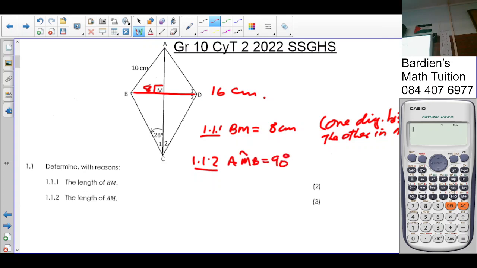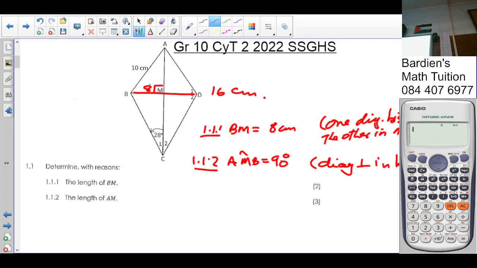Why? Because the diagonals are perpendicular in a kite. There are 3 such quadrilaterals where that is the case. One is the kite, the other one is a rhombus, and a square. Those are the 3 quadrilaterals where that is the case.